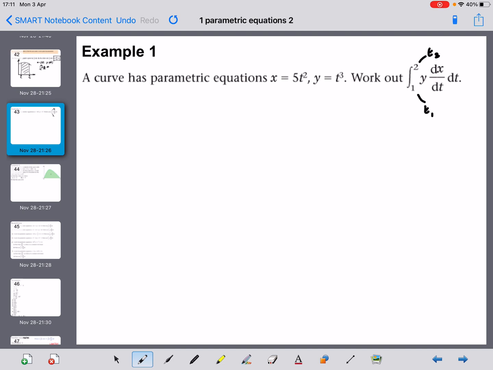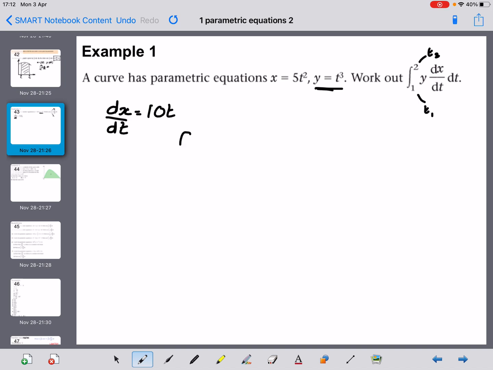We need to multiply the y parametric by the derivative of the x parametric. So the first thing I'm going to do is differentiate the x parametric. If x is 5t squared, dx by dt will be 10t.